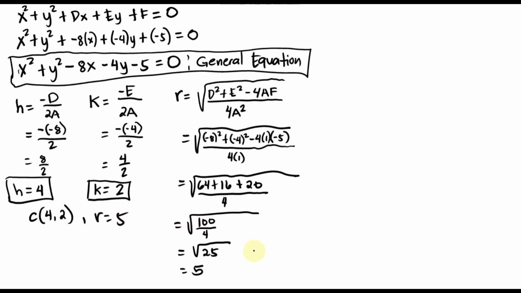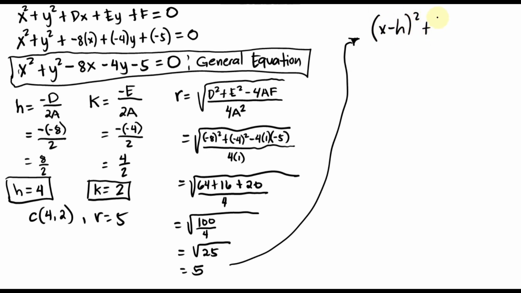So ano ba yung general or standard equation ng circle? So ang standard equation is x minus h squared plus y minus k squared equals r squared. So ang standard equation natin, we have x subtract the value of h is 4, ito.